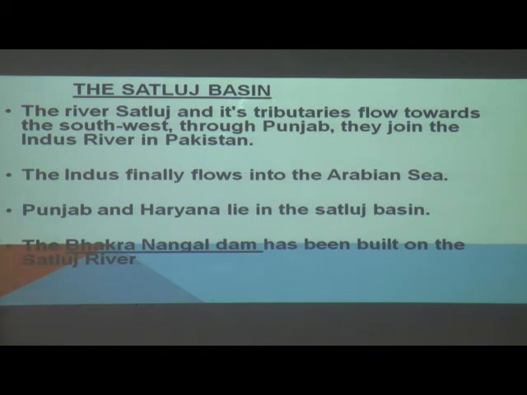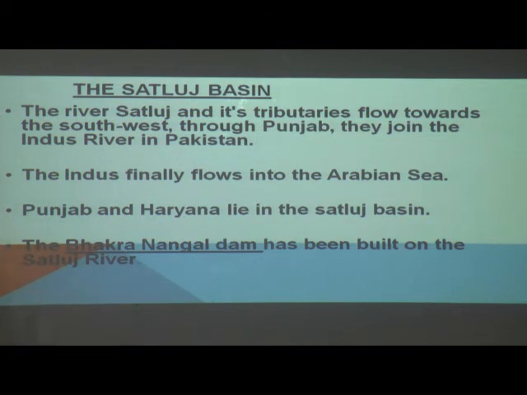Punjab and Haryana lie in the Sutlej Basin. When I talk about the Sutlej Basin, Punjab and Haryana are situated there. It goes south to west through Pakistan, the Indus River, and finally joins the Arabian Sea.